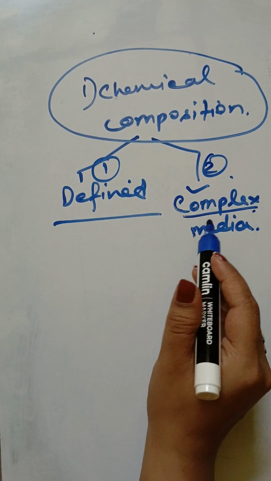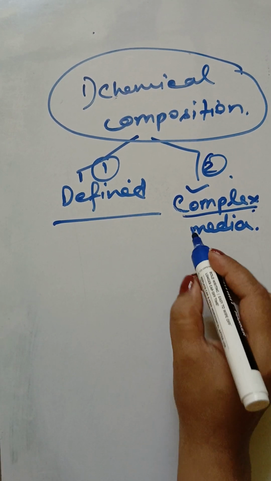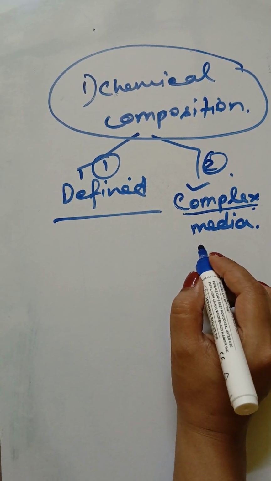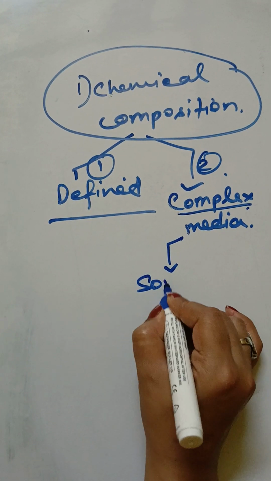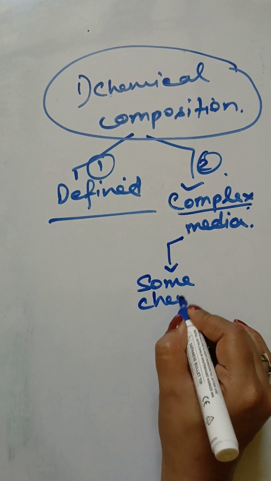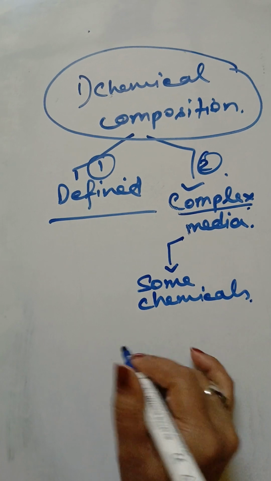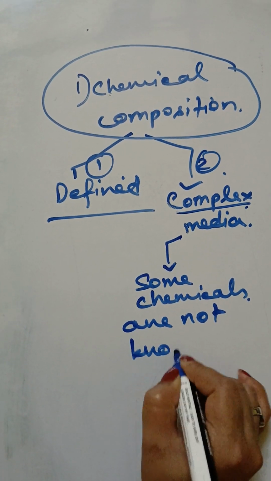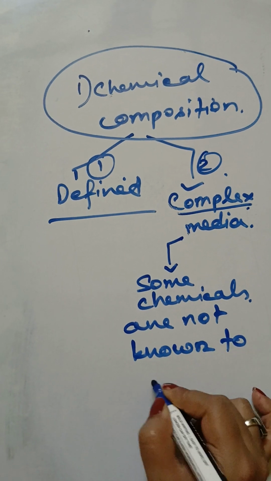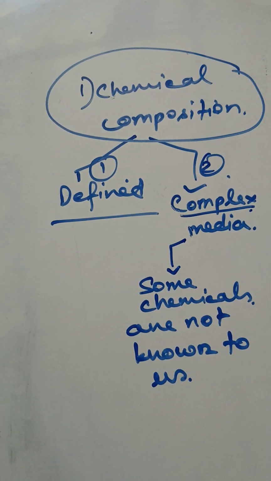In case of the complex media, all the chemical constituents are not known to us. There are some chemicals or some constituents that are not known to us. This is known as complex media.